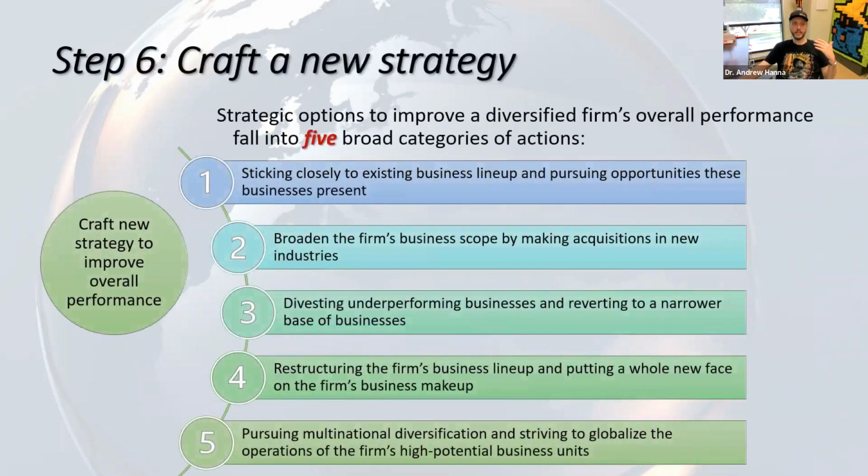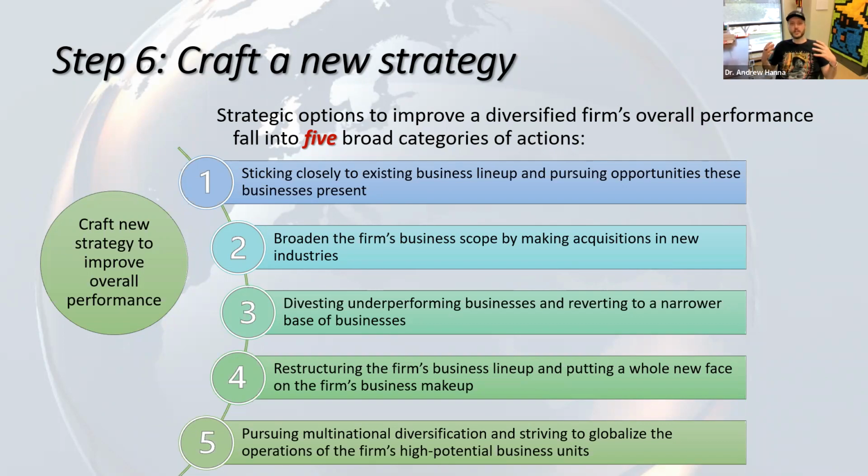And then finally, the very end: craft a new strategy. Strategic options to improve diversified firm performance, because honestly, you're usually assessing these in order to craft a new strategy. These will fall into these 5 broad categories of actions.